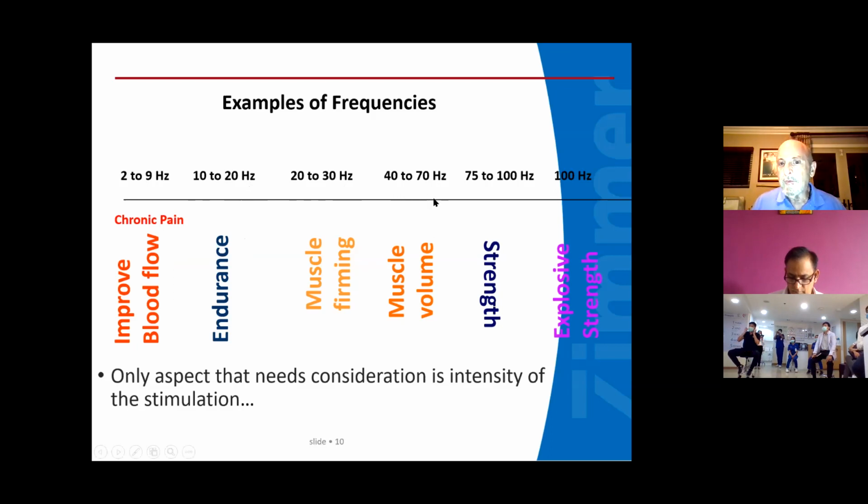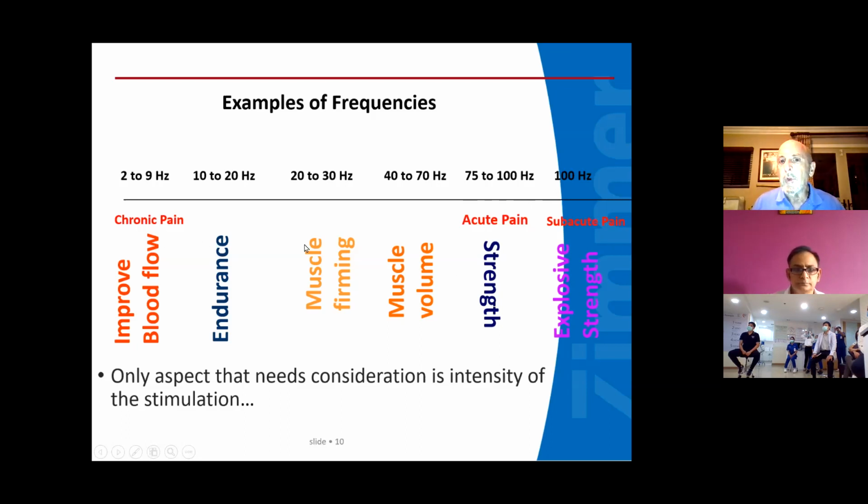And 40 to 70, we're increasing the volume of the muscle. When we get to 75 to 100, now we're really concentrating on strength, but also ideal for acute pain. And anything over 100 hertz is good for explosive strength and subacute pain.